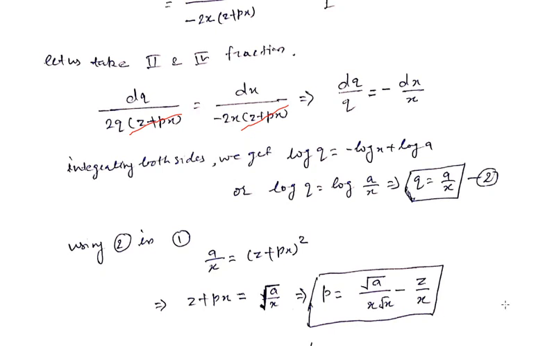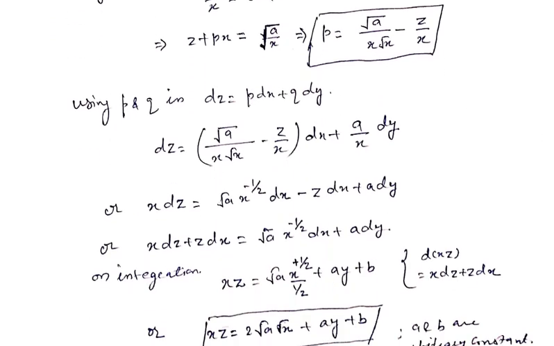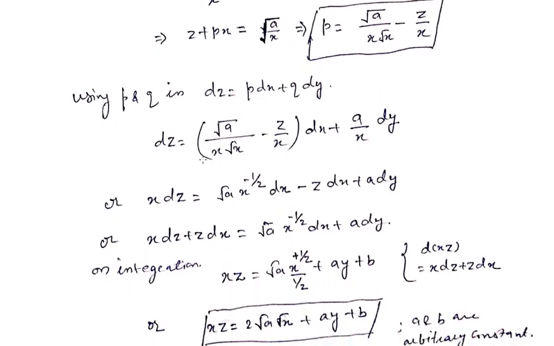Now put the value of p and q in the equation dz equals p dx plus q dy. So we get dz equals (root a upon x raised to power 3 by 2 minus z by x) dx plus q, which is a by x, dy.